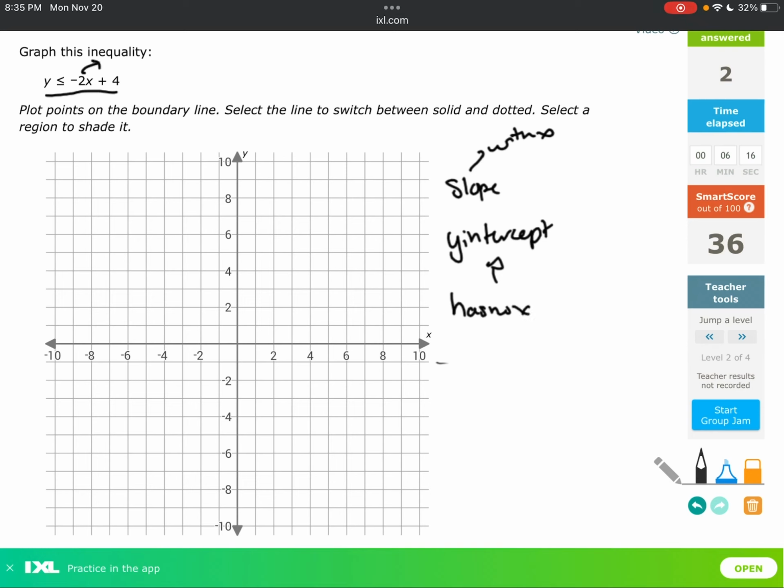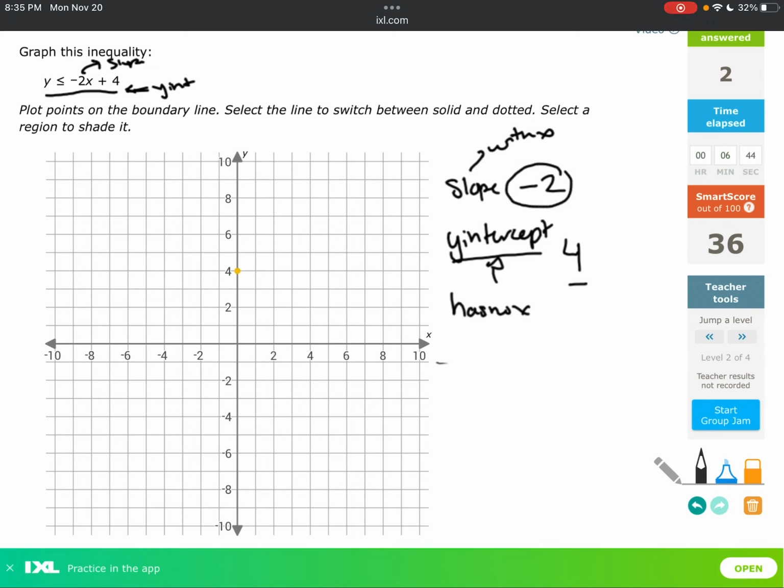So here, this number is my slope, and this number is my y-intercept. So my slope is -2, my y-intercept is 4. So the first thing I'm going to do is start by putting the point for the y-intercept at +4. So I look at the y-axis and I put my point on 4.